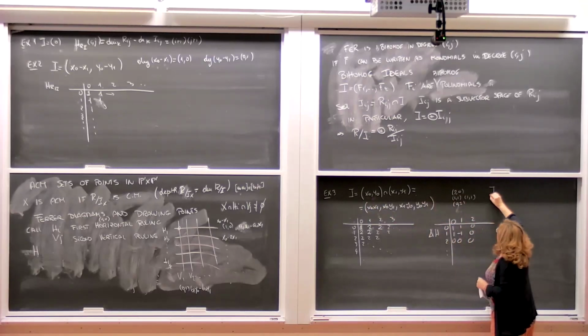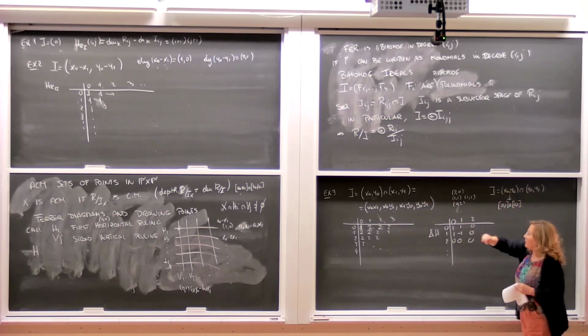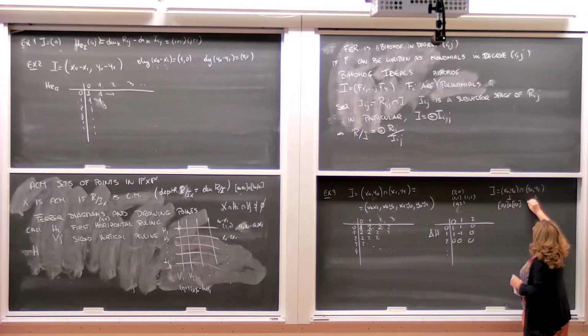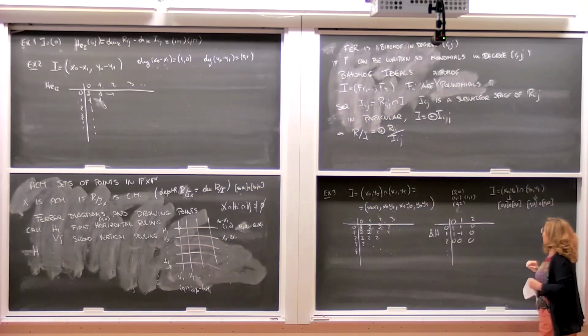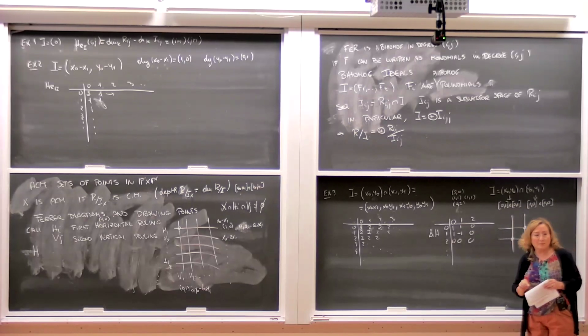So this ideal, X0, Y0 intersect Y0, Y1, corresponds to the variety given by the point 0, 1 times 0, 1, as I defined before. And this is related to the point 1, 0 times 1, 0. Okay, so if I don't mix it up, the two points are this one.